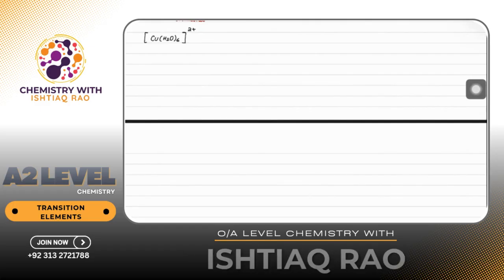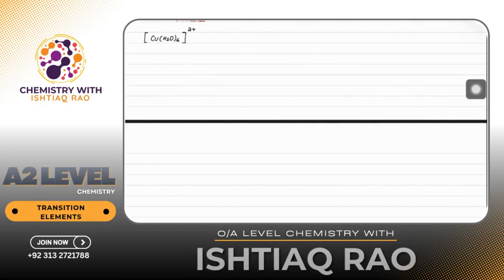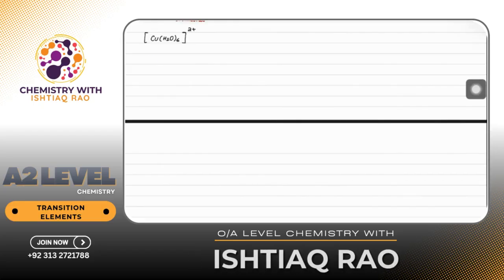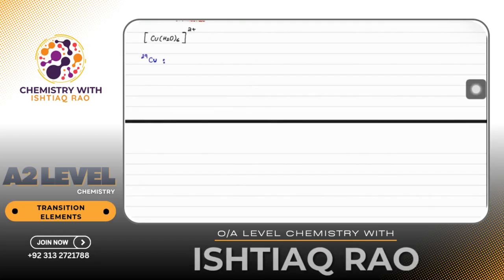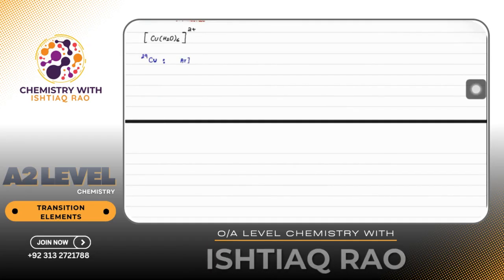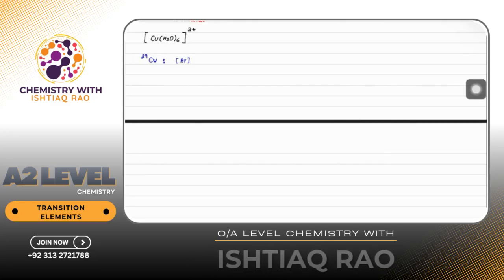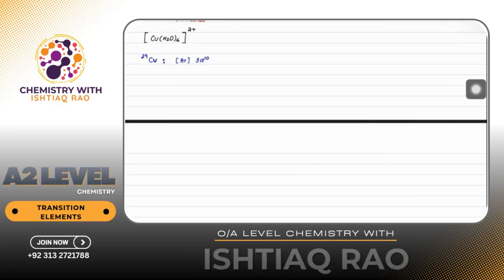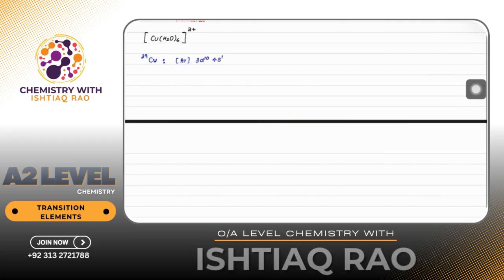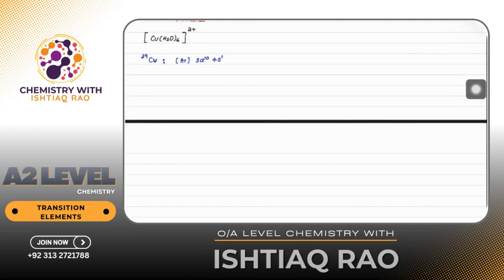Now, what's the electronic configuration for copper? Copper is 29, which means I'm supposed to write argon, that is 18. After 18, I can write 3d10 and 4s1. I told you this configuration in the previous class, right?